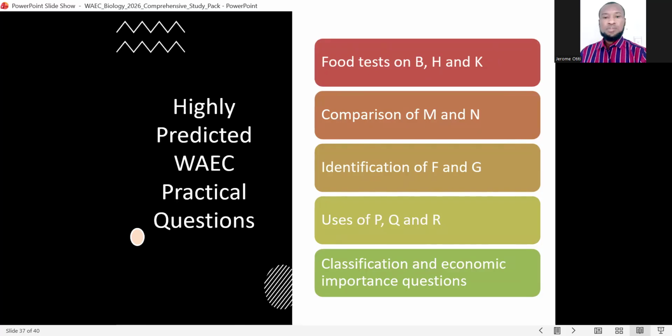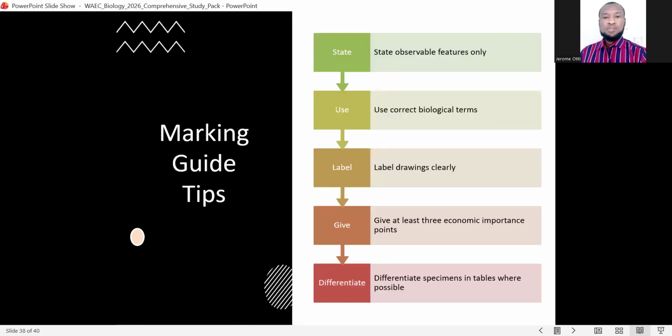That means highly predicted WAEC practical questions. They may ask you, just follow the specimen, and note that WAEC has a guide. You must follow the rules, use biological terms, label neatly, give at least three economic importance, or just follow the instruction in the question paper and you will see yourself getting A1.